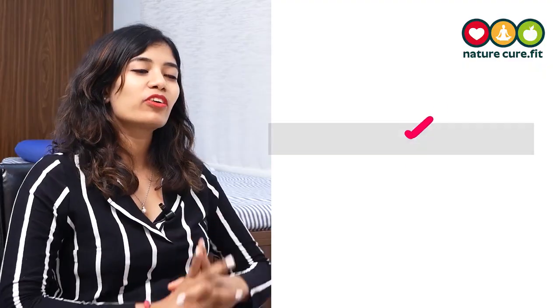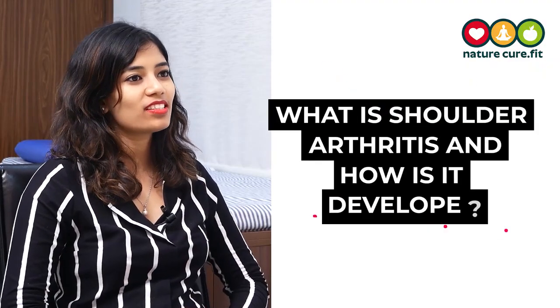Pleasure is all mine. So doctor, what is shoulder arthritis and how does it develop? Arthritis of the shoulder. A brief introduction about arthritis. Basically, arthritis means there is some wear and tear or inflammation of the joint. The shoulder has two important joints.